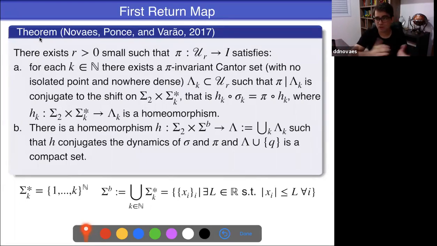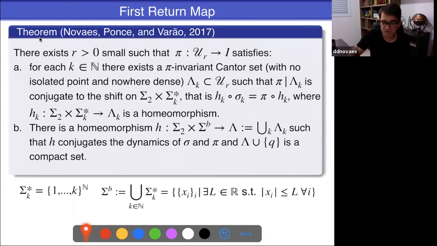So in our context, the first return map is transitive, it has sensitive dependence on initial conditions, and also has dense periodic orbits, et cetera. And we can improve this result a little more.